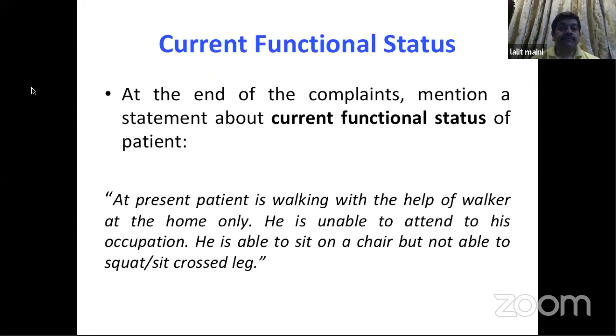And then finally, you need to summarize in maybe one line the current functional status of the patient. One example could be, at present, the patient is walking with the help of a walker only at his home. He is unable to attend to his occupation. He is able to sit on a chair, but unable to sit cross-legged or squat. So it gives you a bird's eye picture of the functional status the patient has on the basis of history itself.